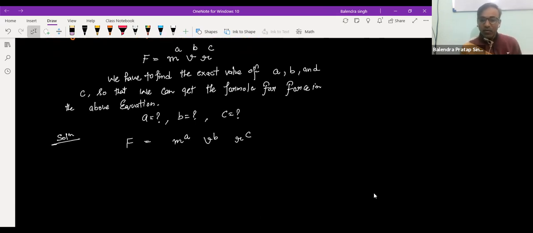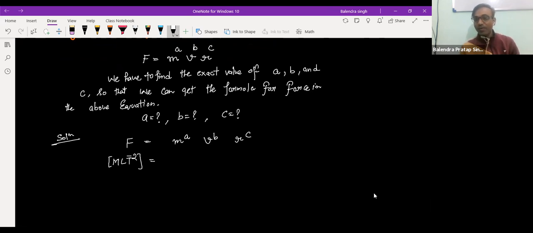So F is force. As I told you, always remember the dimensional formula for F. The dimensional formula for F is M L T minus 2. Always remember the formula for F. This will be very useful. Most of your problems in physics will be solved by only remembering this.